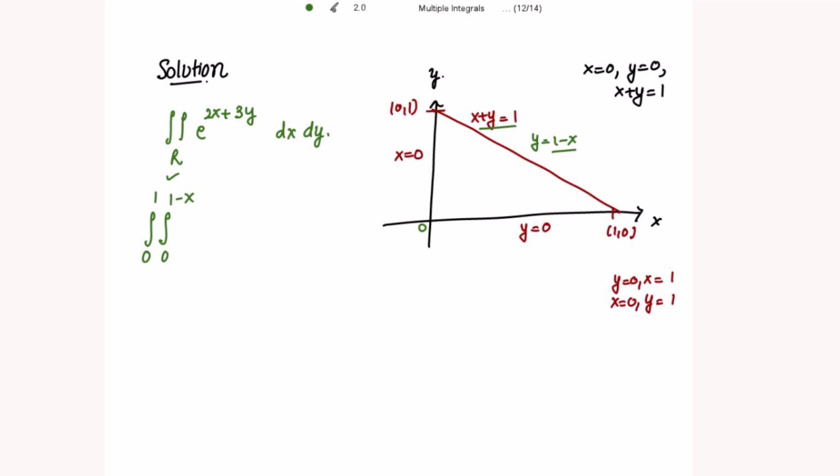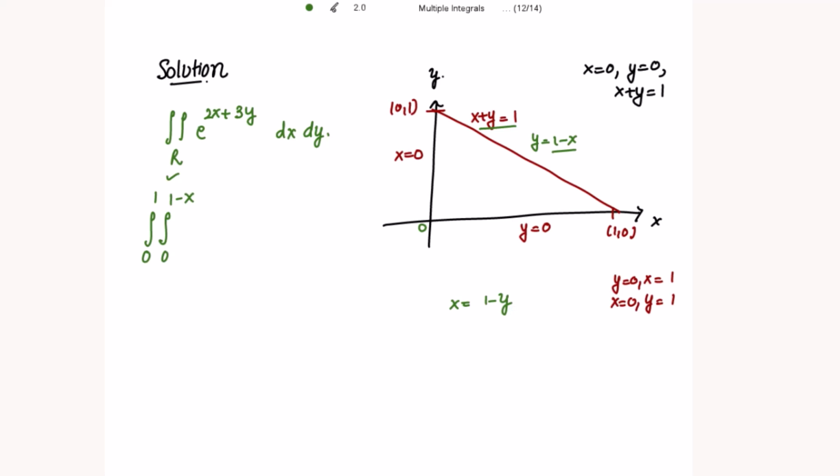Is this fine? Okay. What happens if, instead of y equal to 1 minus x, you take x equal to 1 minus y? Now your x is in terms of y. So in this case, your strip will be parallel to which axis?